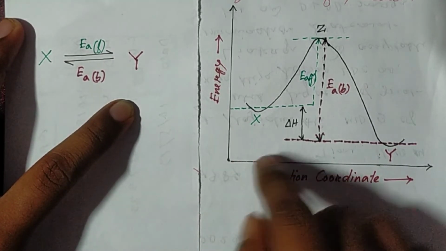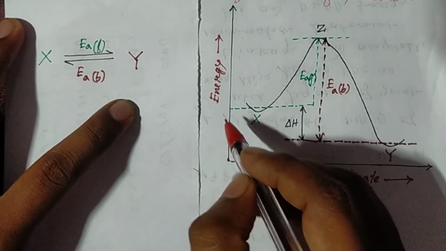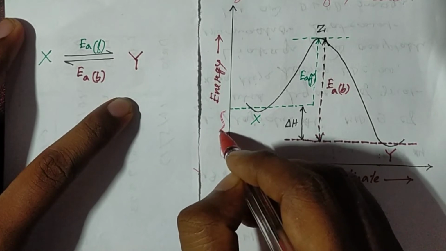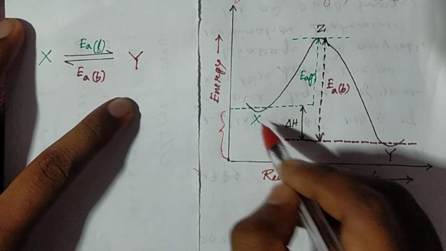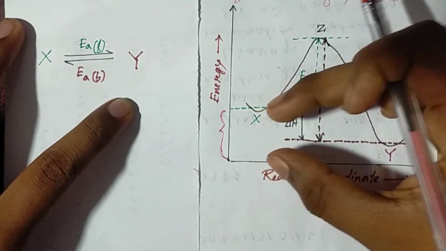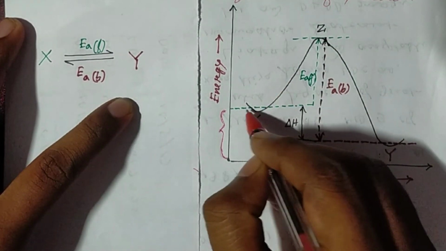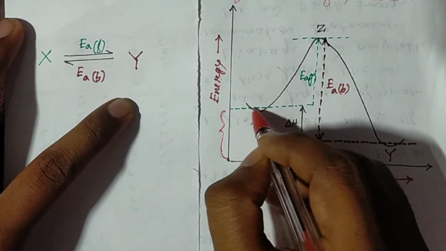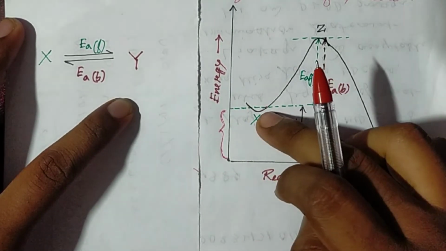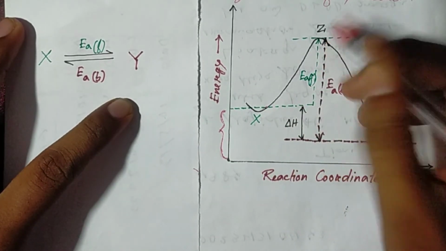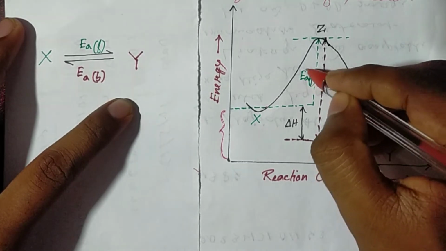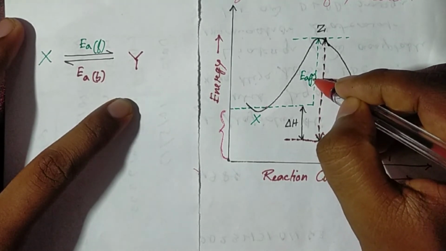If X is the reactant, this much energy it has. This is the energy state. From here it needs this much energy, EAF. EA means activation energy, F for forward reaction.